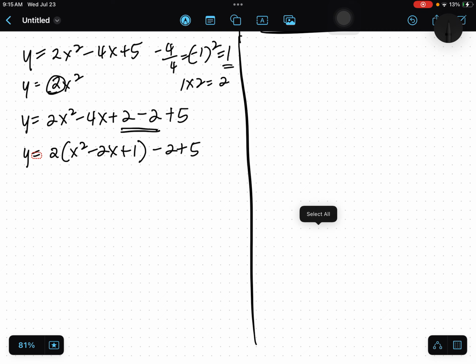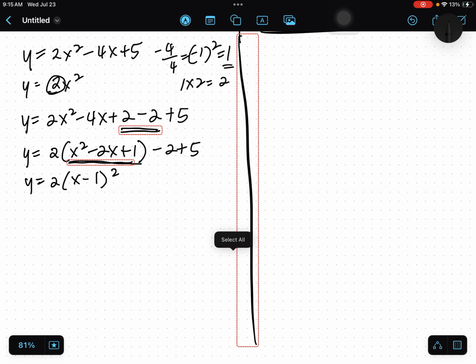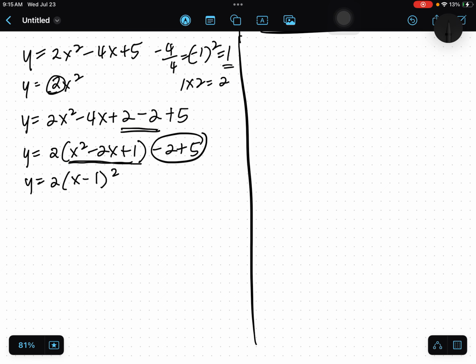And if I do that, whoa, diba? This is now a perfect square trinomial, which I can simplify into this. And then this will become positive 3. And this is now our vertex form.